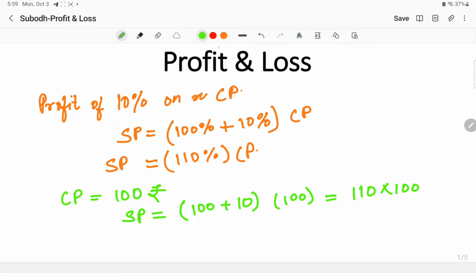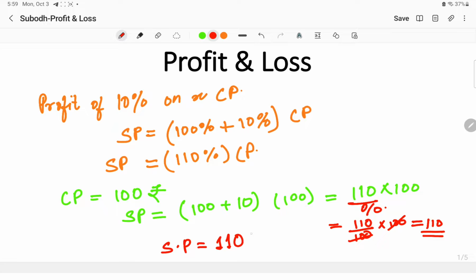Here 110 is percentage, so that is 110 upon 100 multiplied by 100. So this gets cancelled, we get 110. So our selling price is 110 rupees.